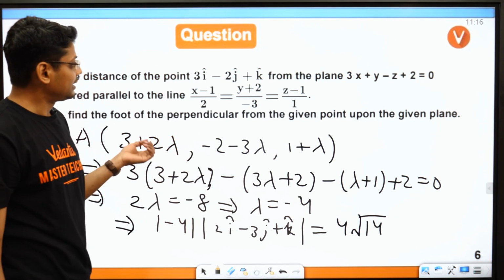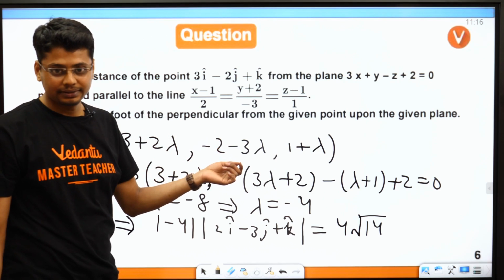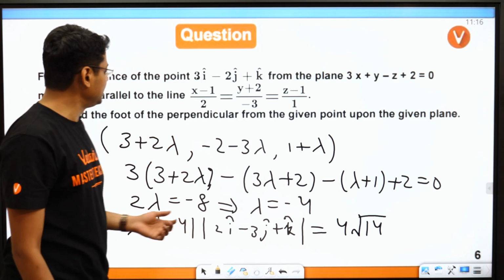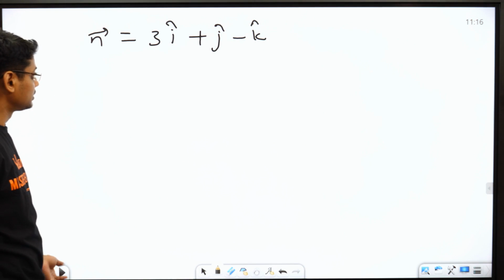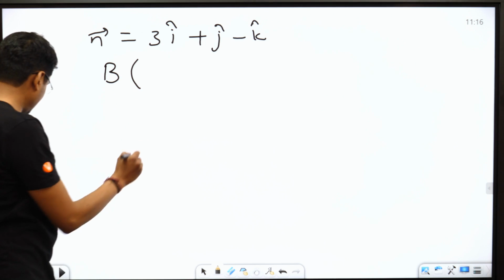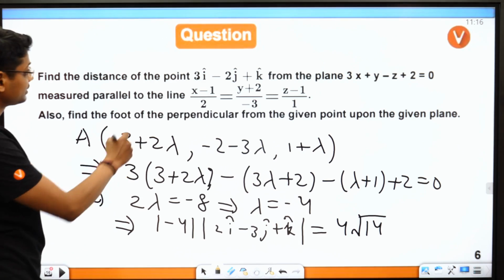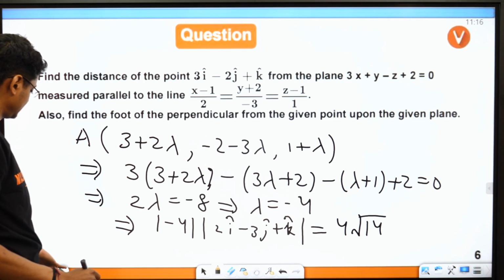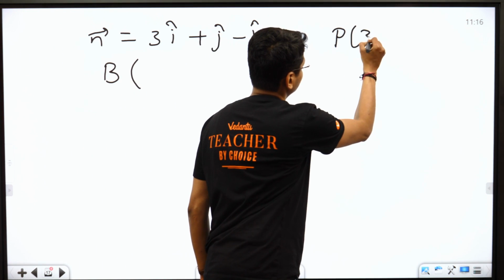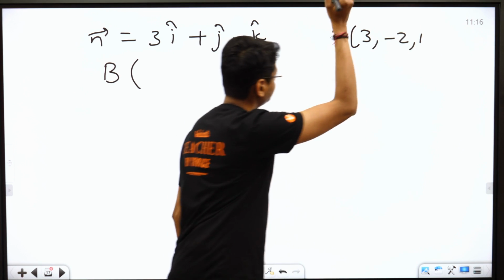So I can assume the point which is the foot of the perpendicular to be, say, B. What is the point under consideration? It is (3, -2, 1).